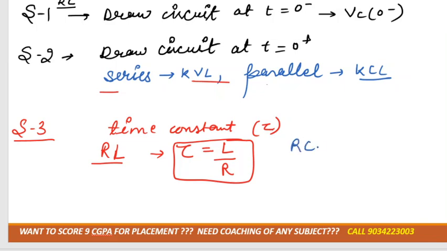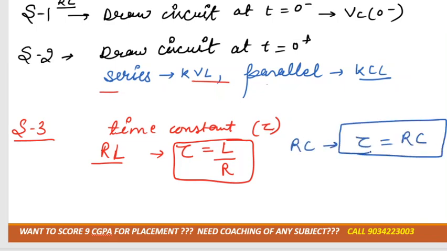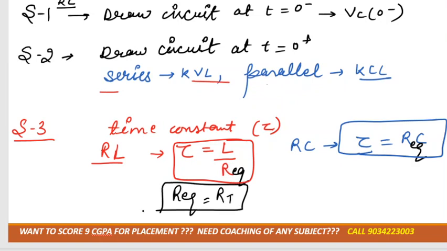But if it's an RC circuit, the time constant is RC. Okay? If there is a single resistance, then R, but if there is a combination of resistances, then that is R equivalent. And how will you get R equivalent? That would be R Thevenin.